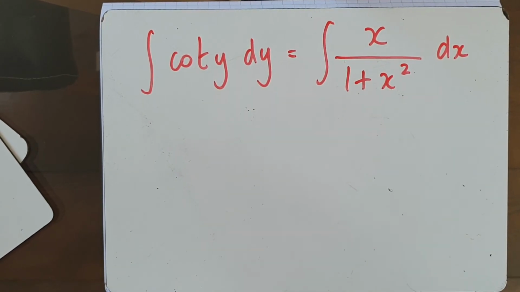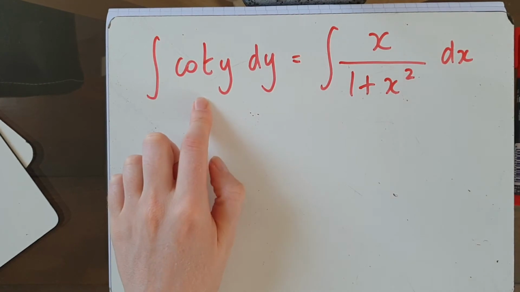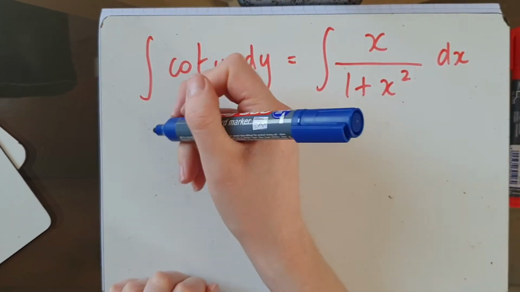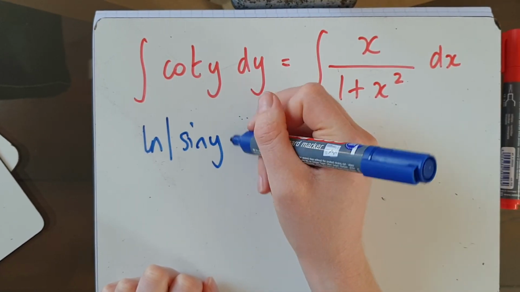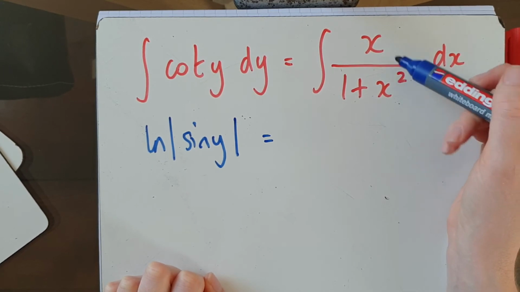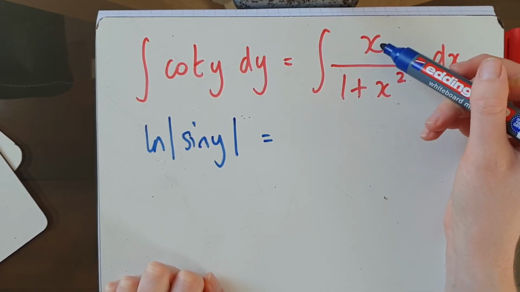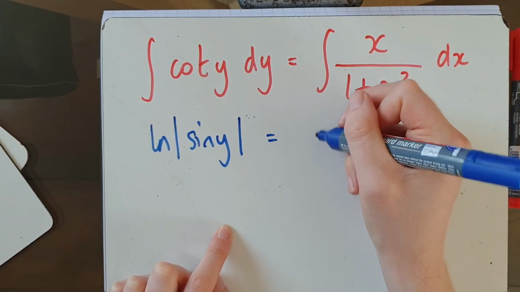And then we can just integrate that. So integral of cot y, that is log of sine y. Use reverse chain rule to get there. And then because this is a multiple of the derivative of the denominator, so again it's going to be a logarithm.